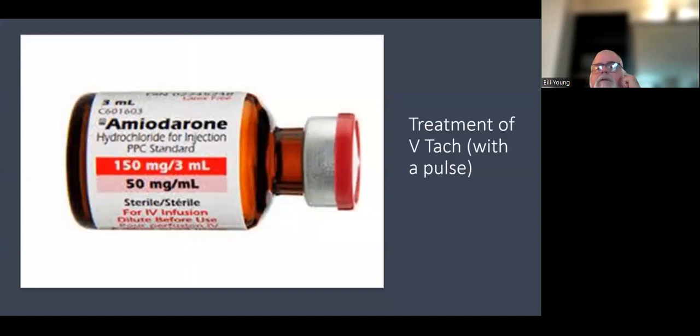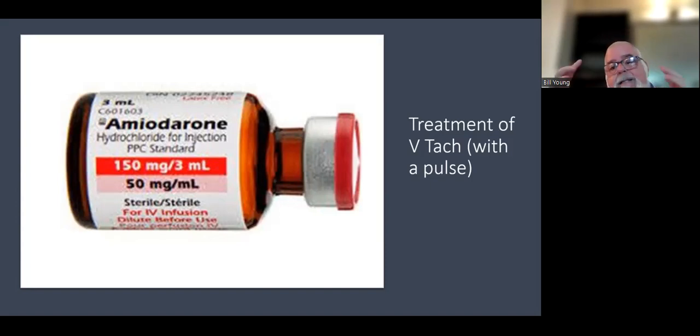So amiodarone converts about a third of patients to sinus rhythm. But the nice thing about amiodarone is it does really, really well at keeping the patients from coming back into VTAC. The way that it does this is it blocks the potassium channels that are responsible for repolarization.